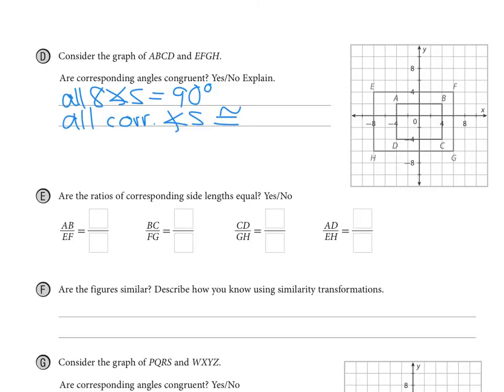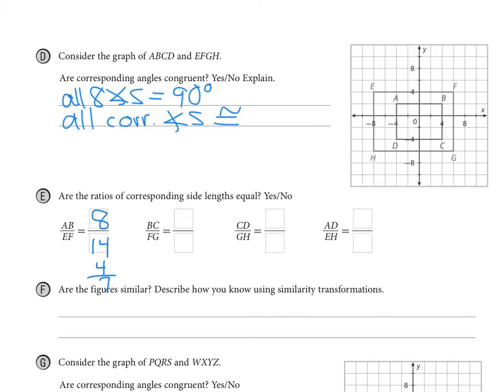Okay, so for AB, we can go ahead and again notice our scale is by 2, so we have 4 blocks times 2, or 8 for AB. EF is going to be 7 blocks times 2, or 14. If we simplify that fraction, that is 4 over 7.